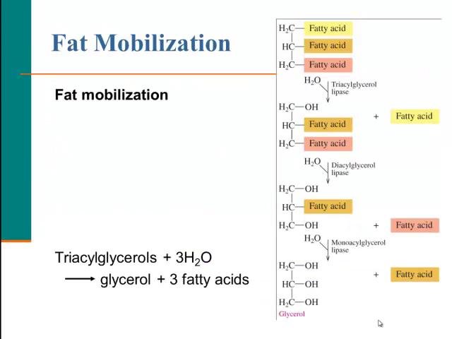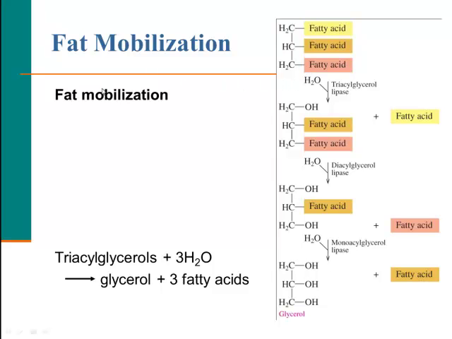So fat cells are the cells that will store triacylglycerols. They'll actually take those triacylglycerols and keep them in this storage form. And we'll see in the next lecture how efficient these triacylglycerols are at storing energy compared to the amount of energy that's stored in an equivalent amount of glycogen or glucose.